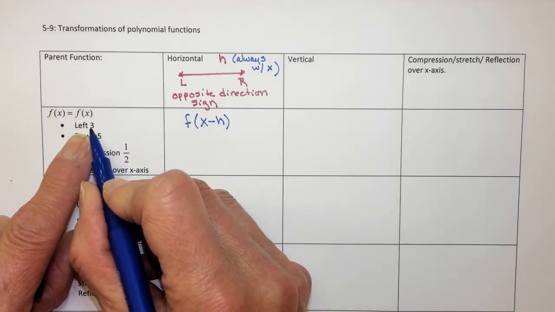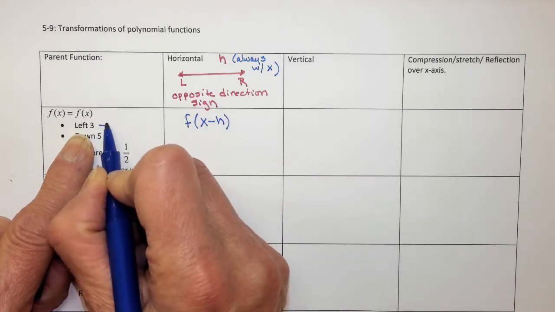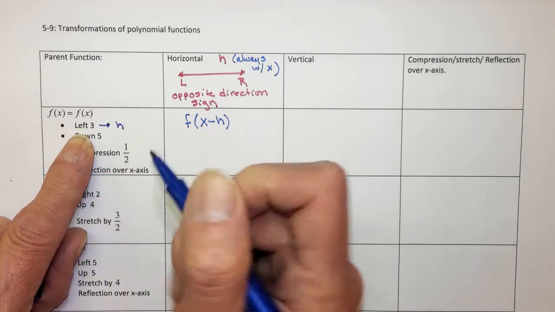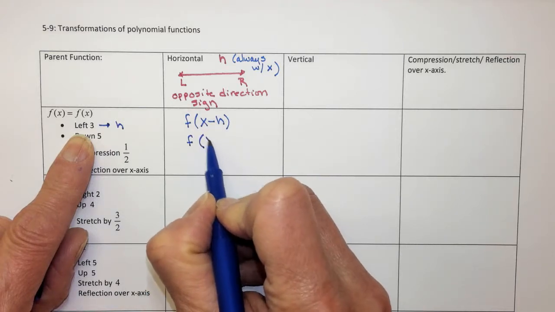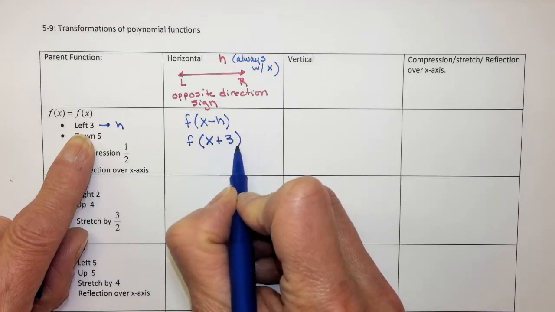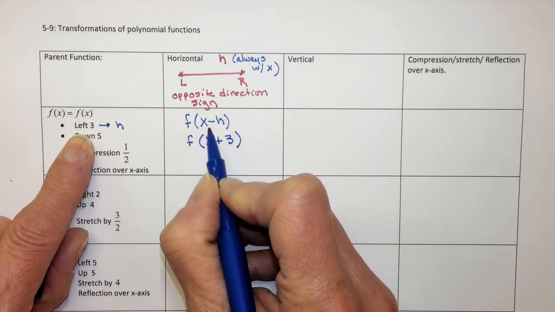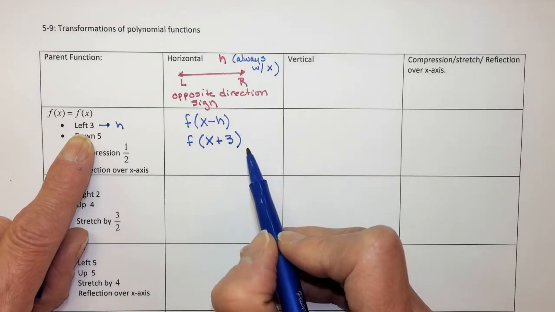I want to move it left 3. So this has to do with my h. If I'm going to move it left, that means this is going to be x plus 3, which is how I would write it inside the function. So that is a horizontal shift.